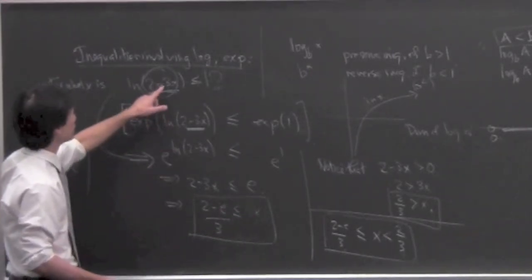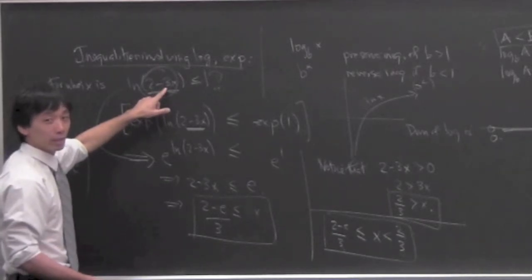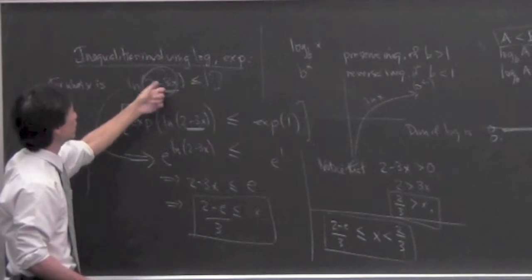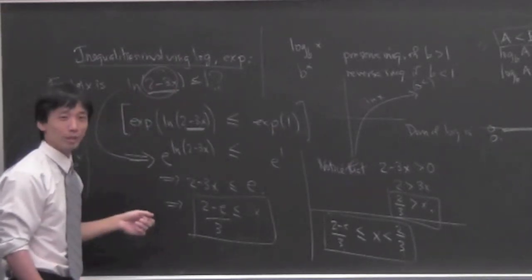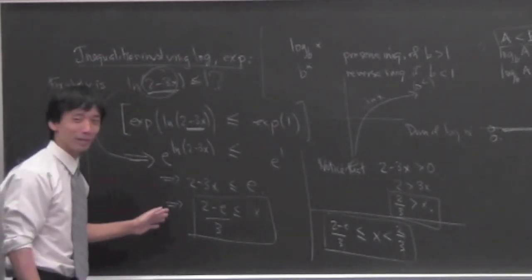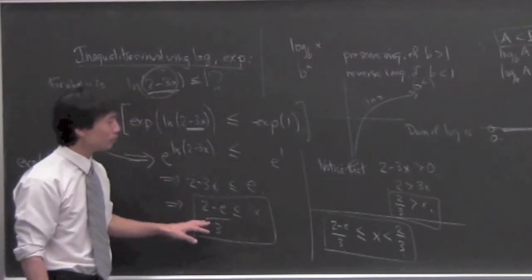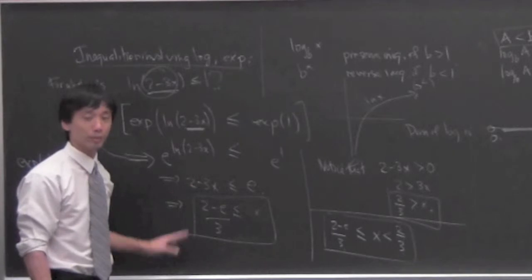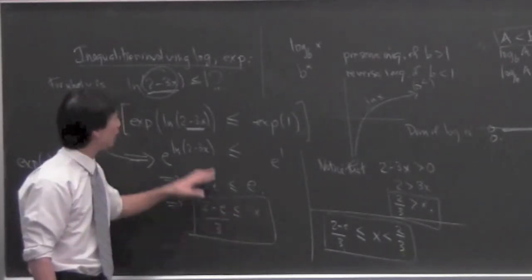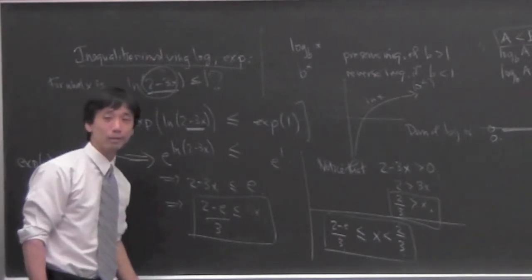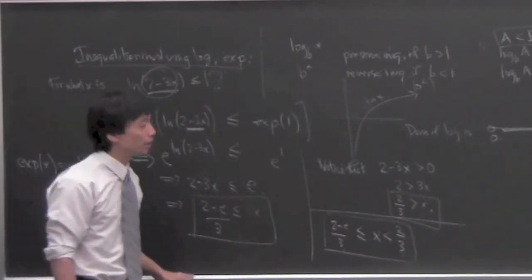But then I try x equals 10 in here, and log of 2 minus 30, log of -28, is less than or equal to 1. Is that right? No, that's not right. So we have to make sure that our x is still lying in that domain. This makes sense.